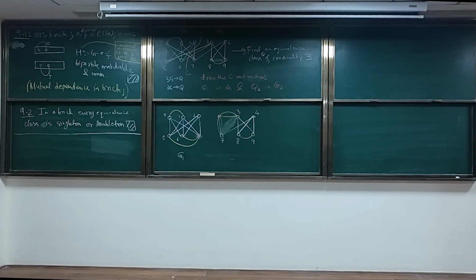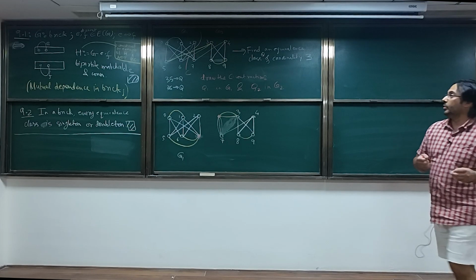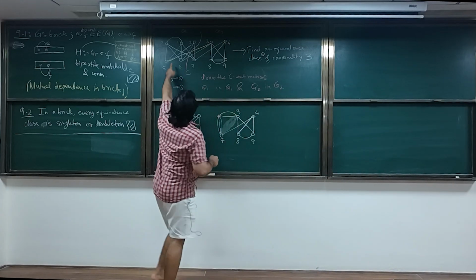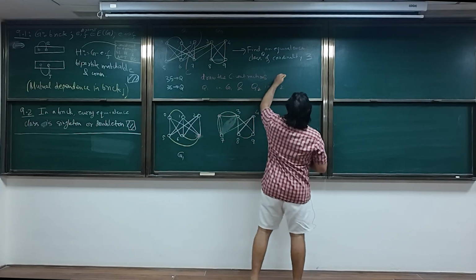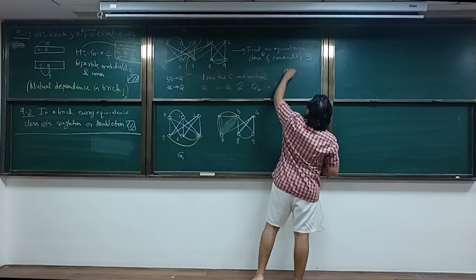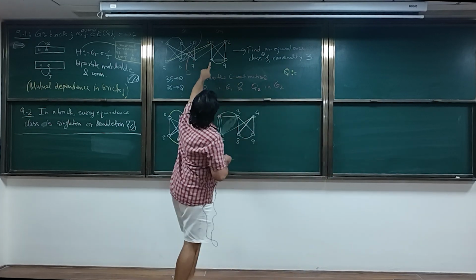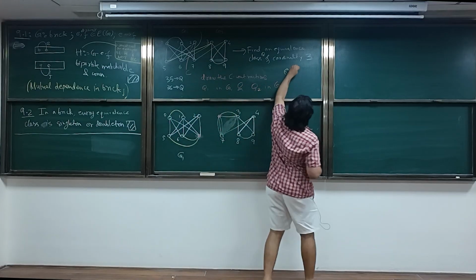Those are G1 and G2. And right, can I write down now Q? Q is the remaining 3 yellow edges that are not here. That's our Q. Q is 0, 1, 8, 9 and 4, 7.